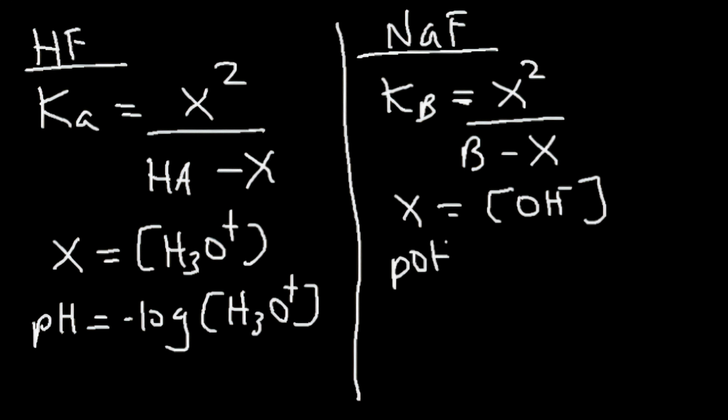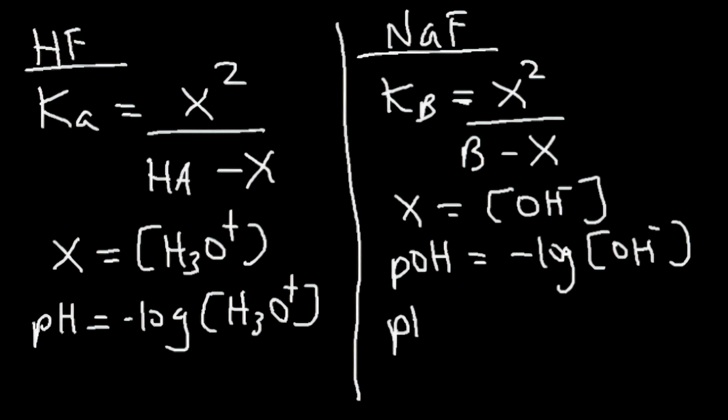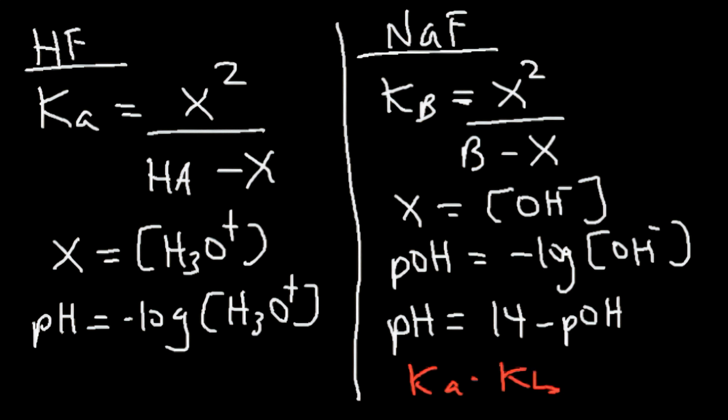So you've got to find pOH by taking the negative log of the hydroxide concentration. And then you can find pH by subtracting 14 by pOH. And keep in mind, Ka times Kb is equal to 1 times 10 to the minus 14. So those are some equations that you need to know for the chapter on acids and bases.